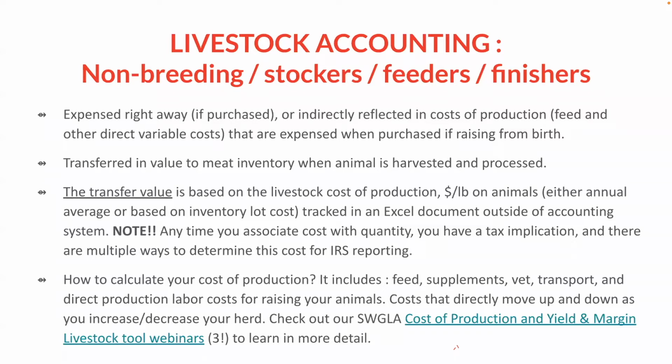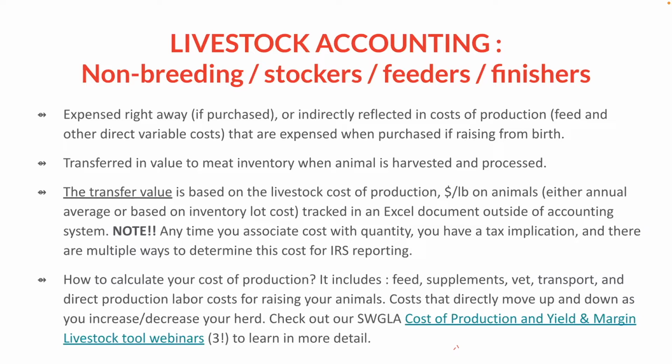on your animals. And the way that you calculate what that dollar per pound is, here I am again skimming the surface. We're not going to go too far deep into valuation, but what it usually is based on is your annual average per pound. So all of your cost of production expenses divided by all of the pounds of meat you harvested for that species gets you a per pound cost for your now meat inventory.